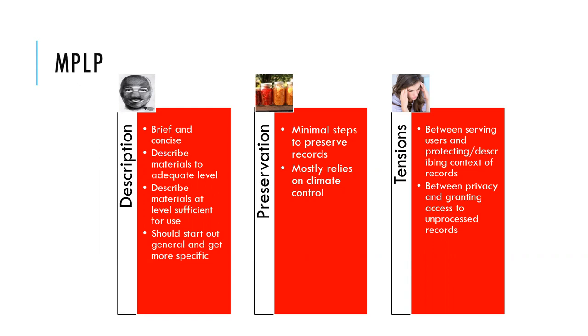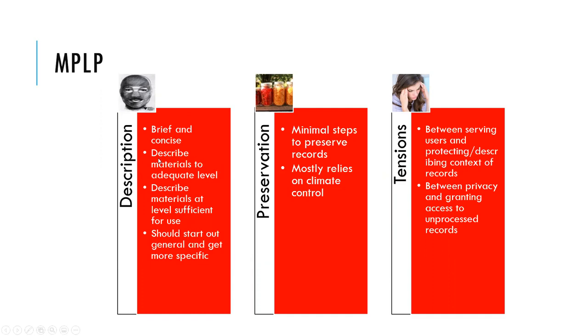MPLP really advocates for processing that expedites getting collection materials into the hands of researchers. So it really emphasizes access over depth of description. And that really focuses on the first point here being brief and concise, not spending a ton of time describing things, just be concise and get materials into the hands of researchers.